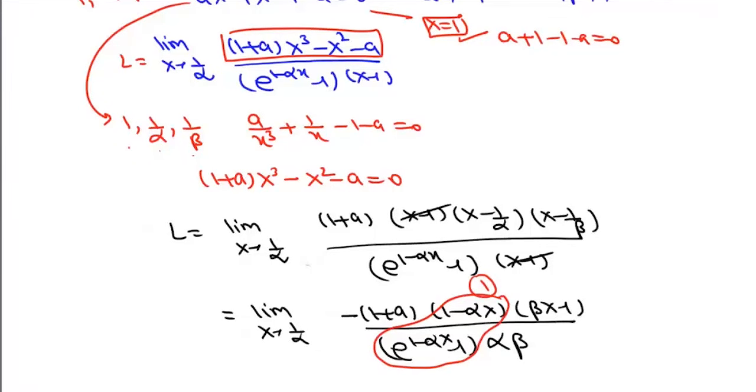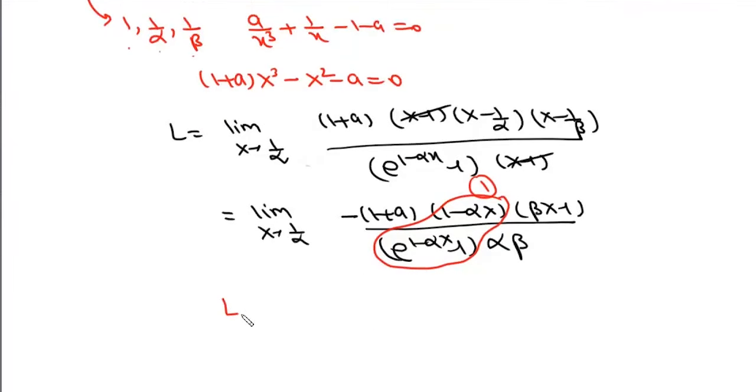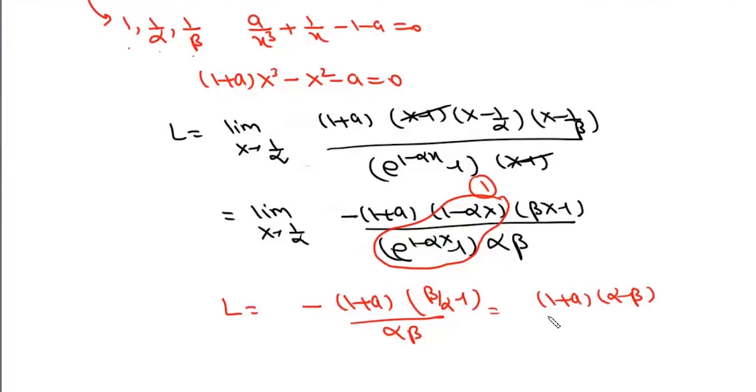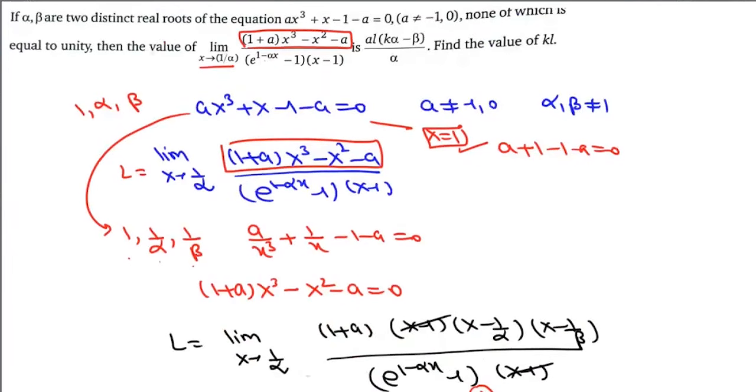We can write this limit L as minus (1 plus a) (beta upon alpha minus 1) upon alpha beta, or it is (1 plus a) into (alpha minus beta) upon alpha square beta. So value of this limit is (1 plus a) into (alpha minus beta) upon alpha square beta.